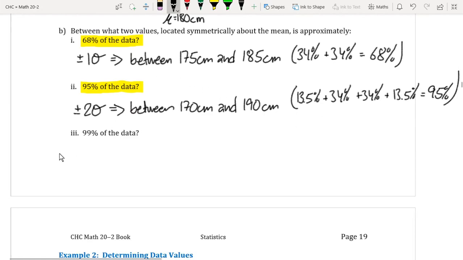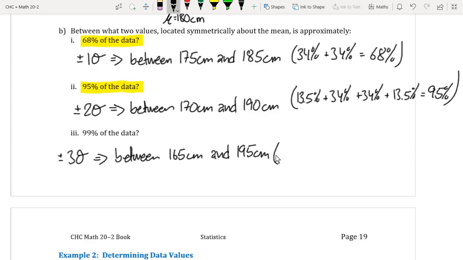So between, 3 standard deviations below the mean was 165 centimeters. And 3 standard deviations above the mean was 195 centimeters.